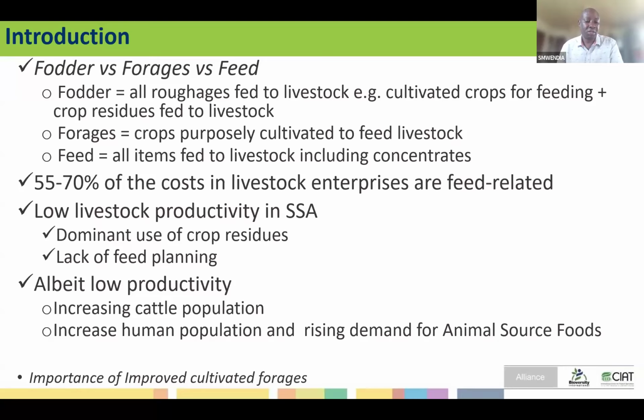And although productivity is low, in some cases we see that the cattle population is actually increasing, and so is the human population, and therefore going forward we expect rising demand for animal source foods, whether it's milk or meat, and therefore there's need to have a keen eye on improved cultivated forages.